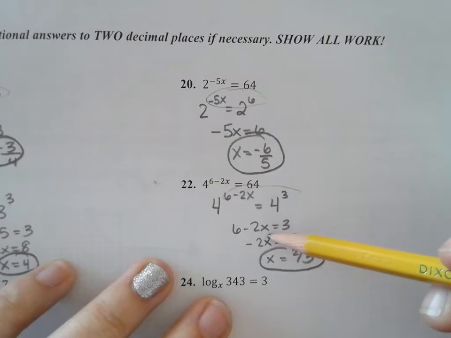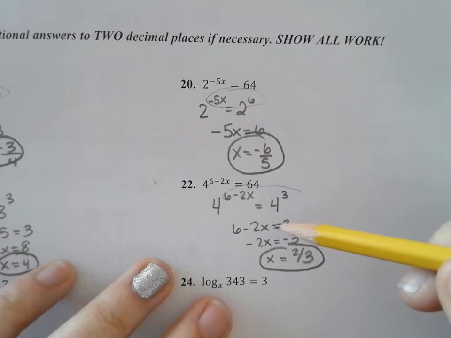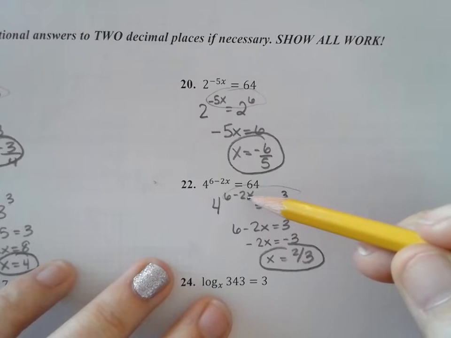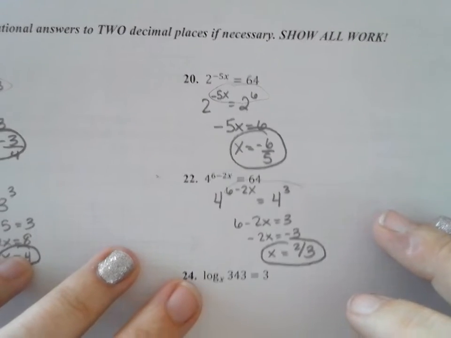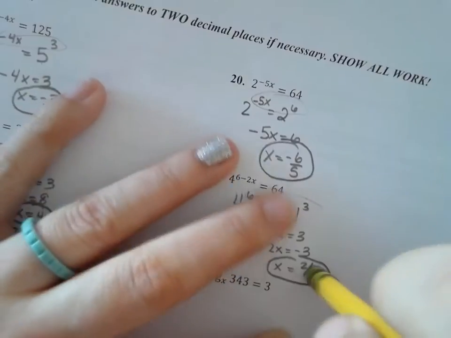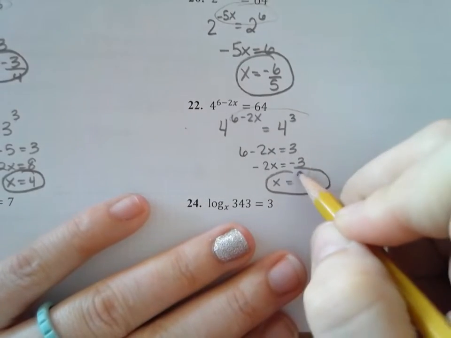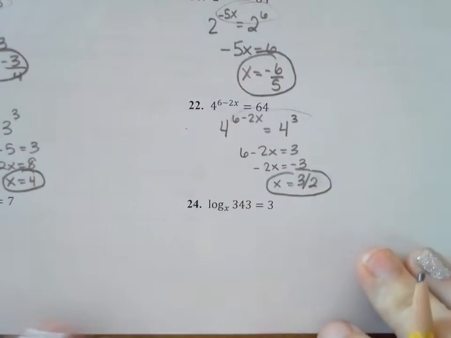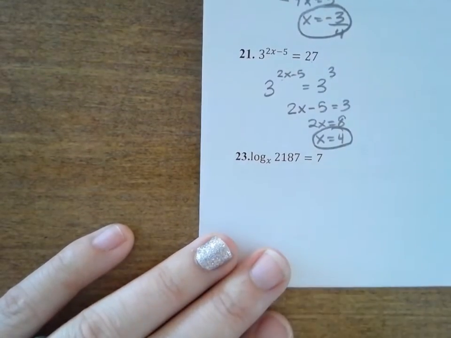Is that accurate? Nope, 3/2. I was going to say that did not look right. Okay, right, if I divide by negative 2, that's going to be 3/2. Sorry, guys.